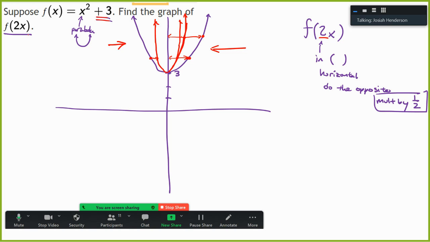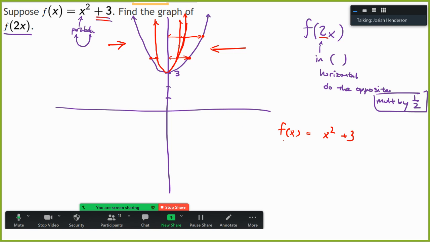So let's examine this last example. This is the one we did previously. What happens if we take the original parent function? I'm going to do that here in red. It's the one they gave us. And see how the transformation is f of 2x? So it's inside the parentheses, and all that stuff applies.